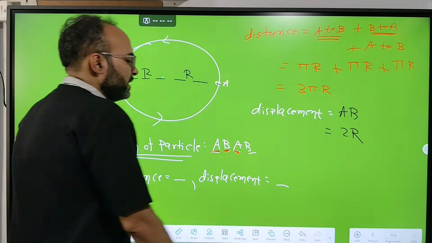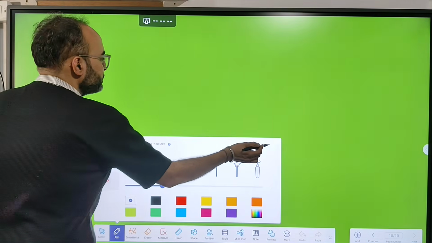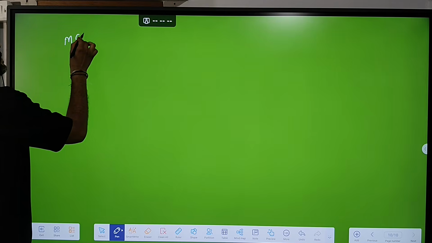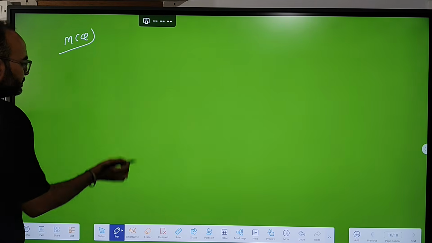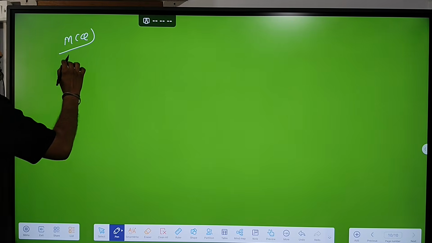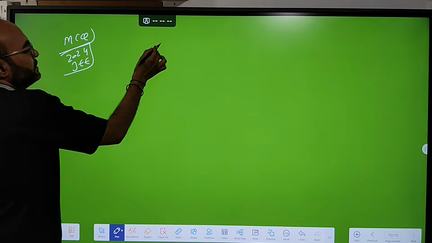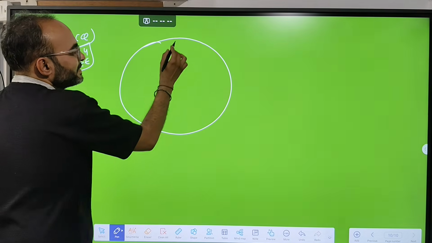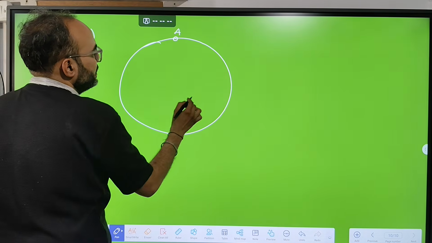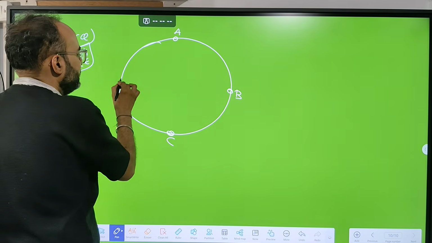So now again one more PYQ, JEE 2024 PYQ. Chalo, what is the question? It is again a very easy question. See, a particle is moving along this path.